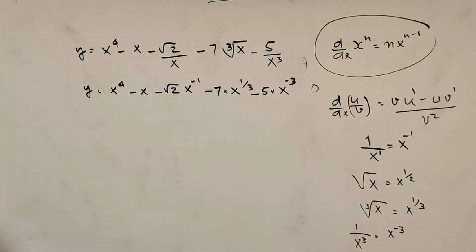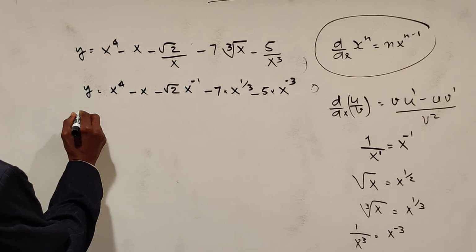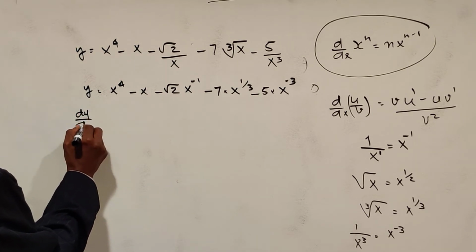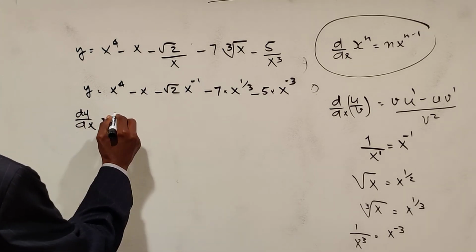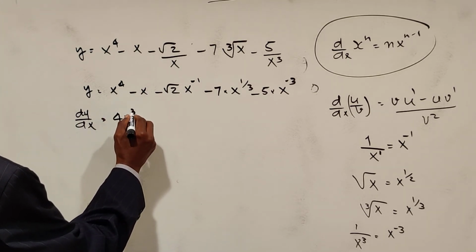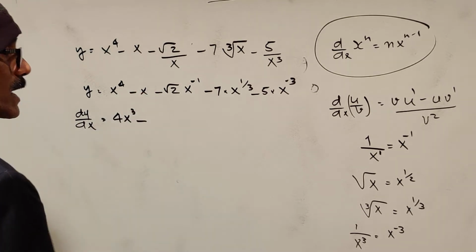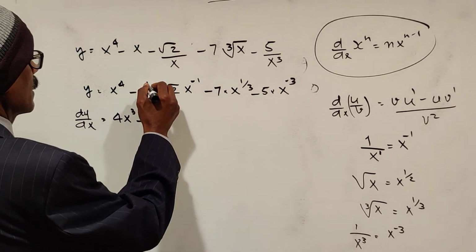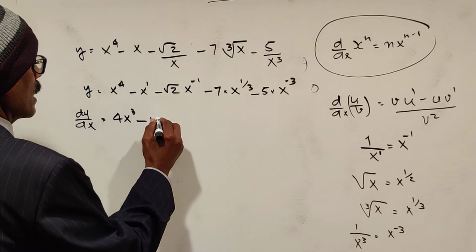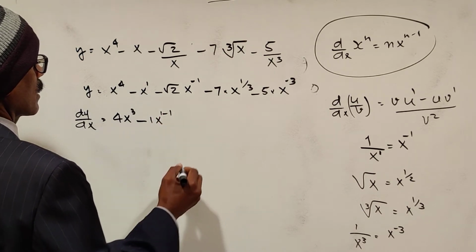Okay, now we can differentiate. dy by dx equals, what is the derivative of x to the power 4? 4x to the power 3, minus the derivative of x to the power 1, which is 1 times x to the power 1 minus 1.